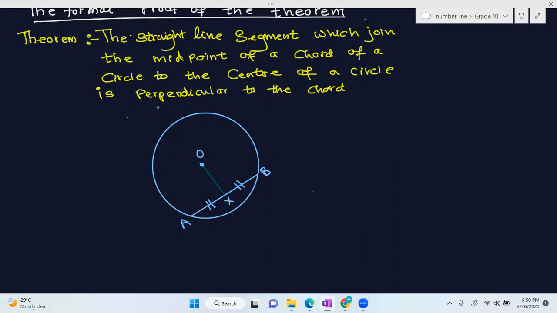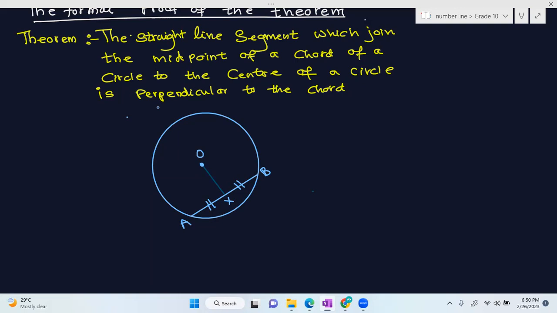That is the data given. Then we can identify that it is the midpoint of the particular line segment. If you are given two straight line segments like this, it means X is the midpoint. Okay.